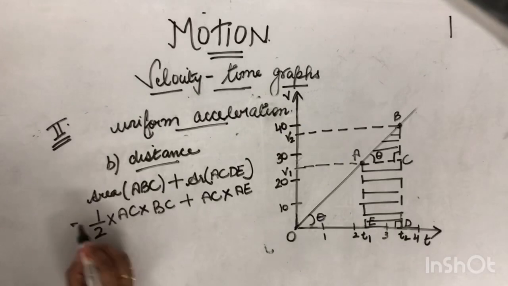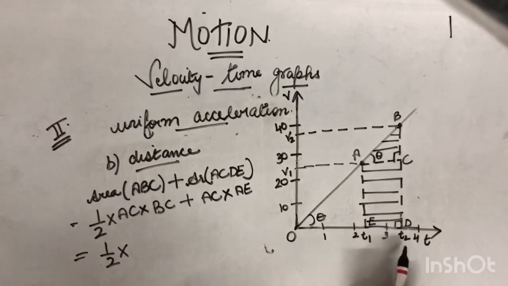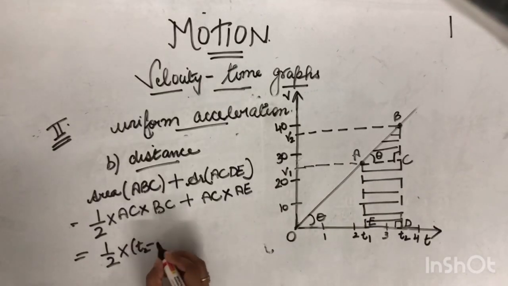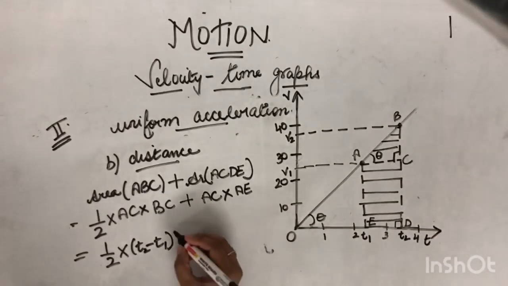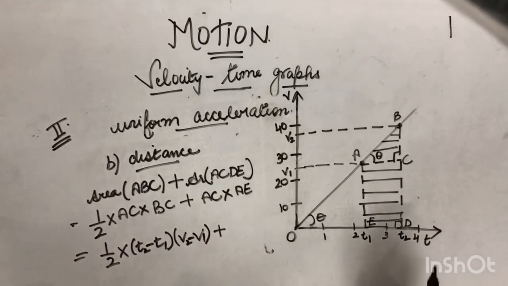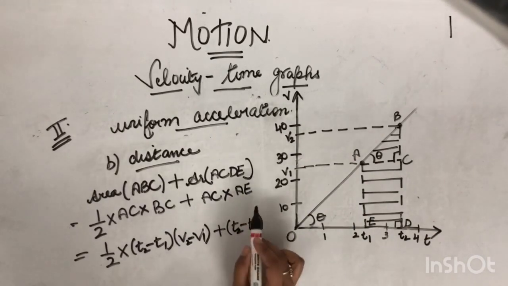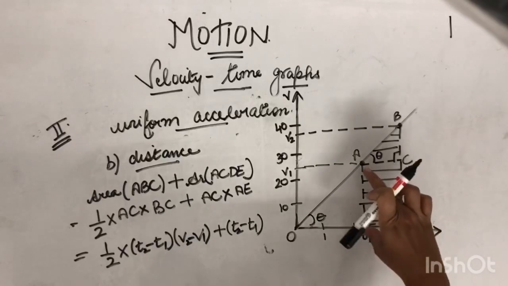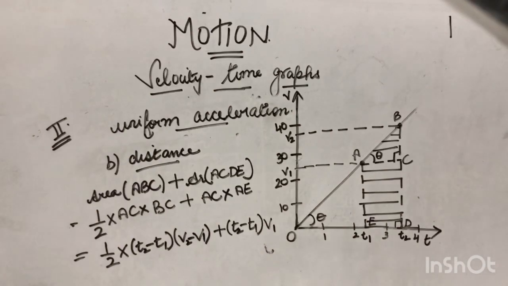Next, put the values: half into AC, where AC can be written as T2 minus T1, into BC, where BC can be written as V2 minus V1, plus AC into AE. AC is T2 minus T1, and AE, this is AE. Now up to here, what is the value of velocity? V1. So it will be V1. So this is the formula of distance covered by the body moving with uniform acceleration.